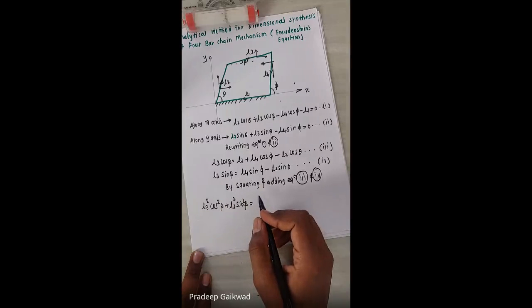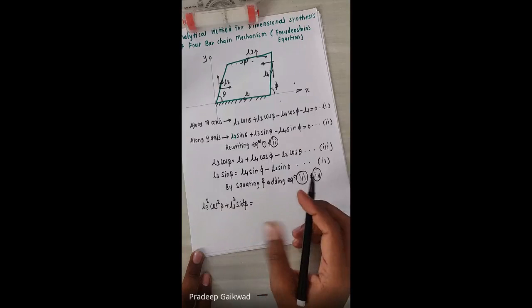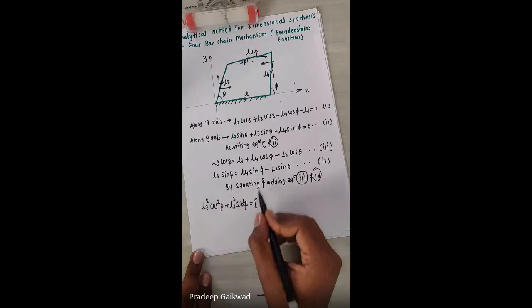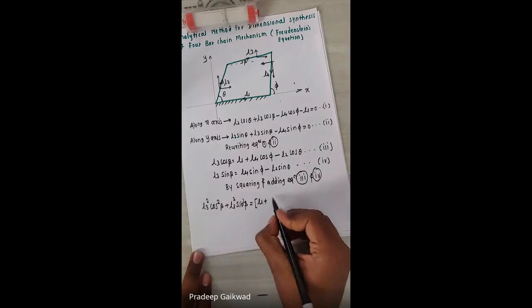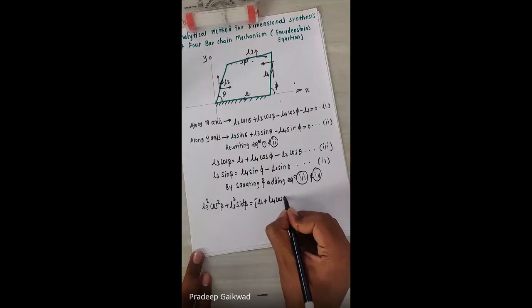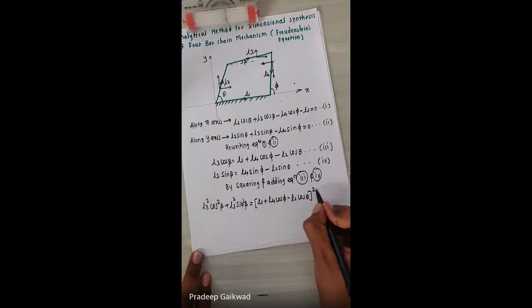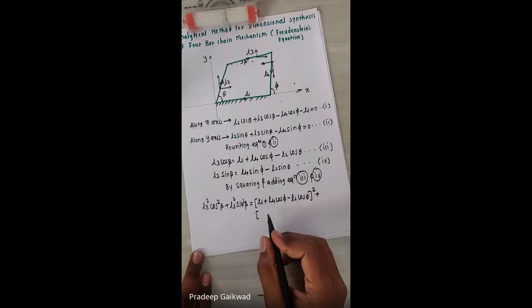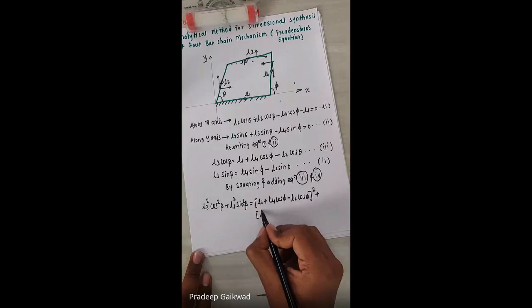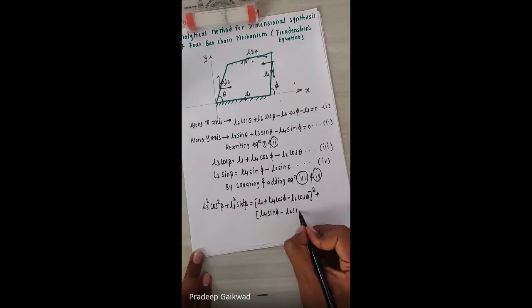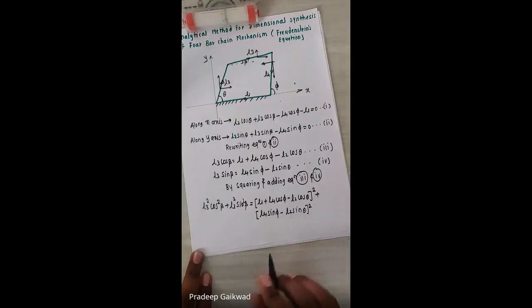What about the right hand side? We have to square those terms and add. So I can write the single term (L1 plus L4 cos phi minus L2 cos theta) whole square, plus (L4 sin phi minus L2 sin theta) whole square.